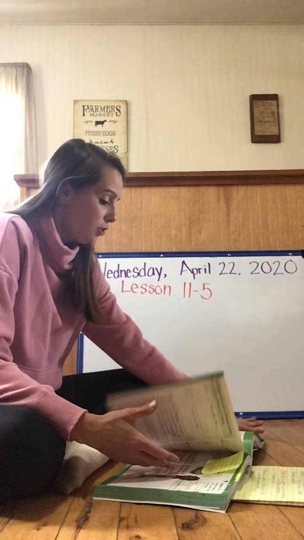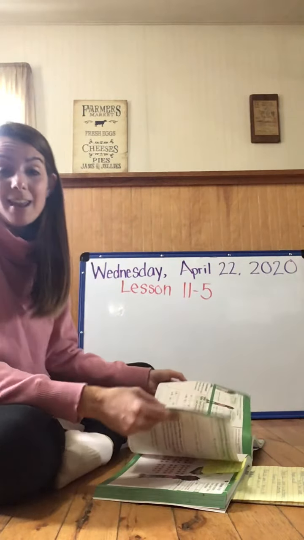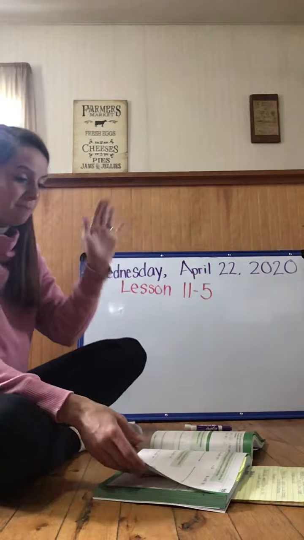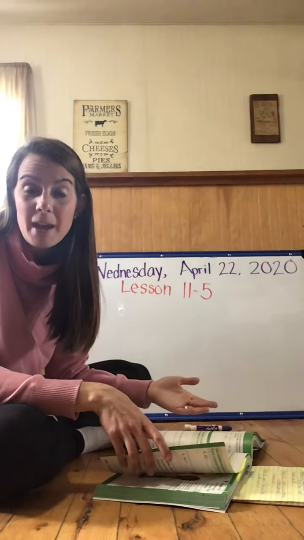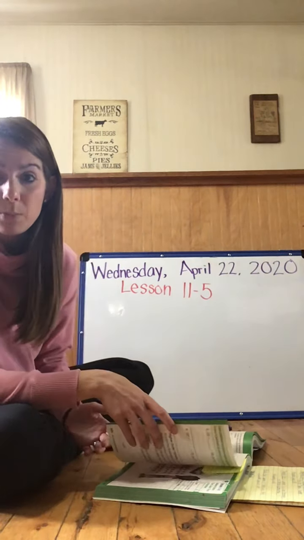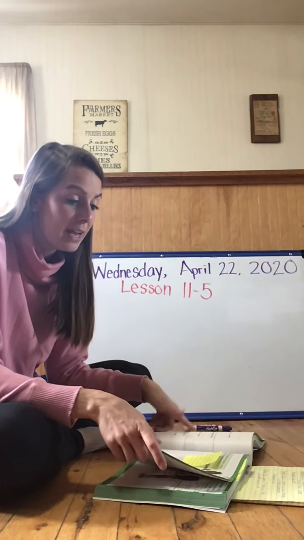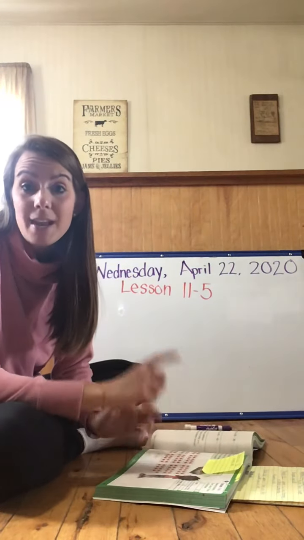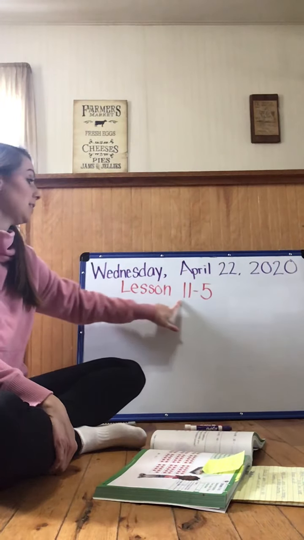Now, like I mentioned last week when we were in chapter 11, I'm going to be skipping some of these lessons that are a little repetitive or that might be kind of tricky. So we are going to skip lesson 11-3 and 11-4. So today for Wednesday, we're working on 11-5.